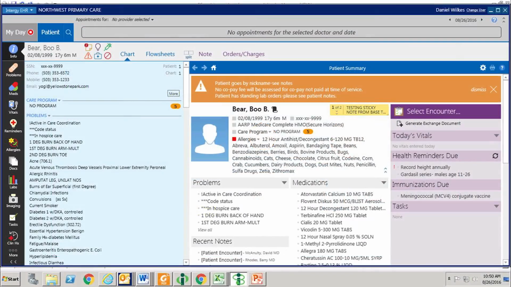This here is just a dummy account to show how we go about risk stratifying our patients. Initially, before our EHR system, and we use a Greenway product called Intergy, we didn't have such a simple process. We used to have to add the risk stratification level to the problem list, which was several clicks.